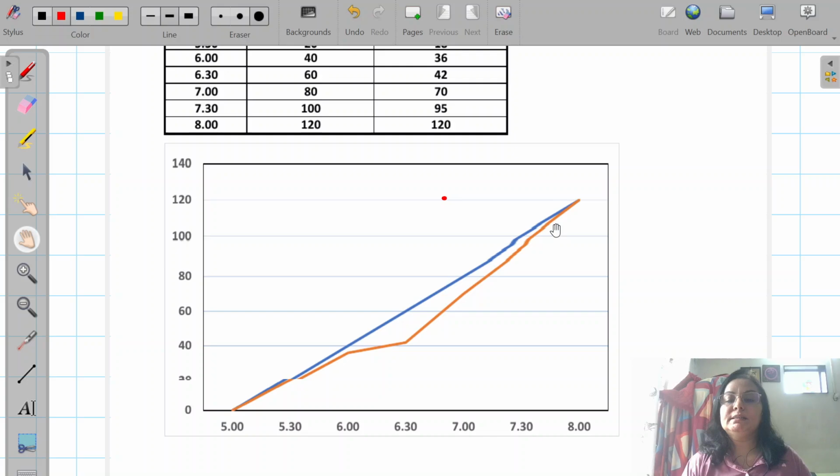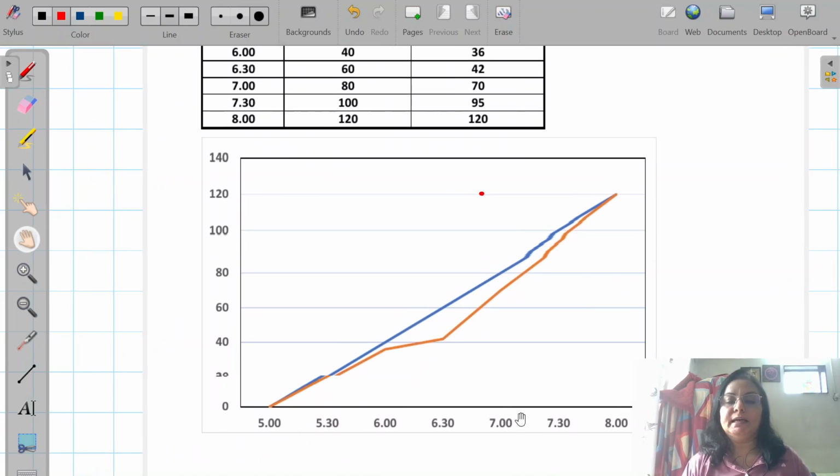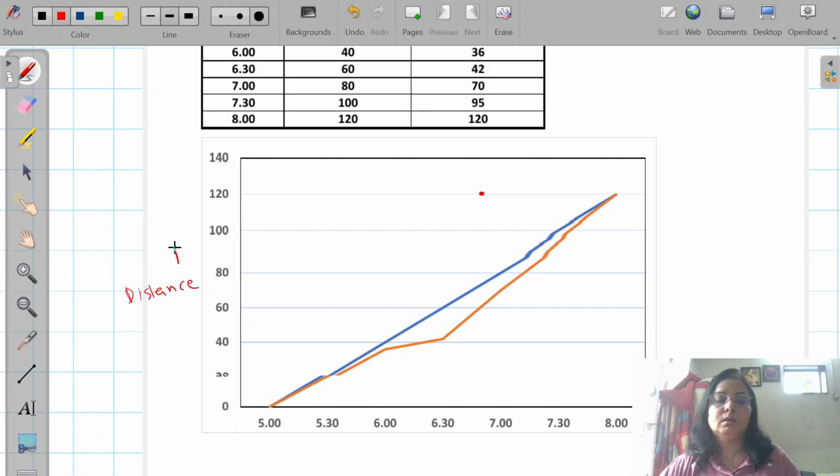So, the red line, the red slope belongs to Akbar and the blue line or blue slope belongs to Amar. Now, this is distance and this is time.